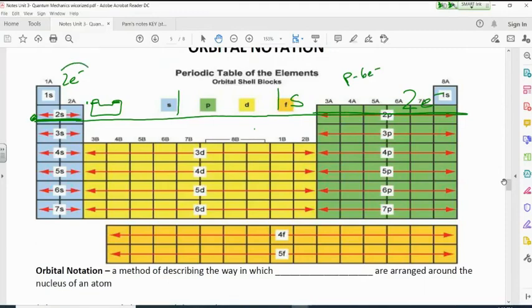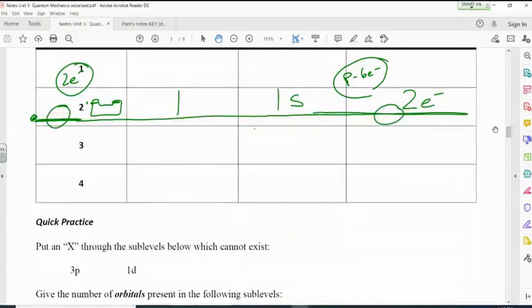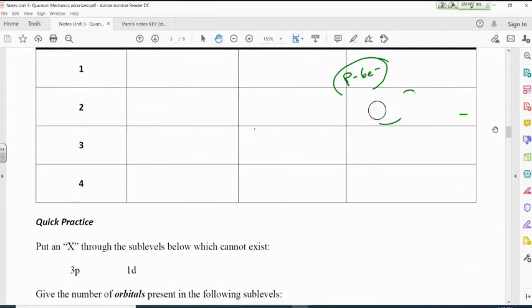So if I can hold 2 in my S shell and 6 in my P shell, both of them being energy level 2, 6 plus 2 is 8. So that's how many electrons total it can hold in the second energy level. So any element in the second row on the periodic table cannot have more than 8 electrons in the second row.